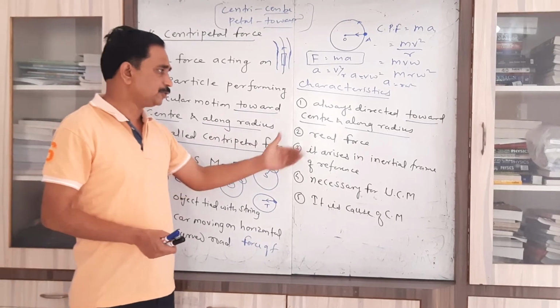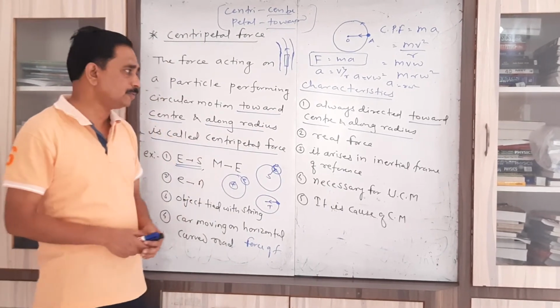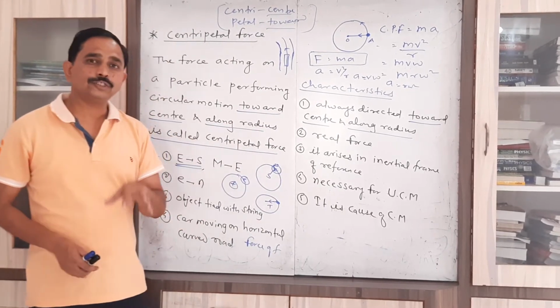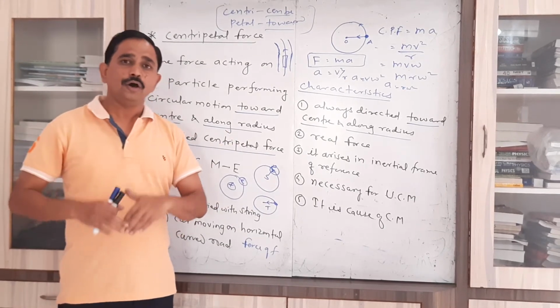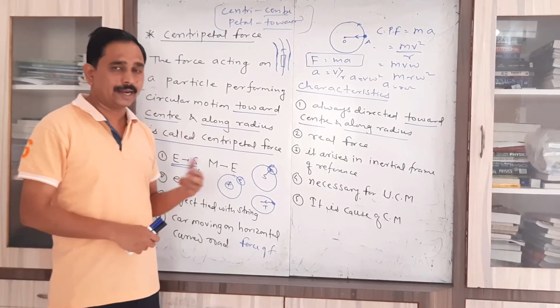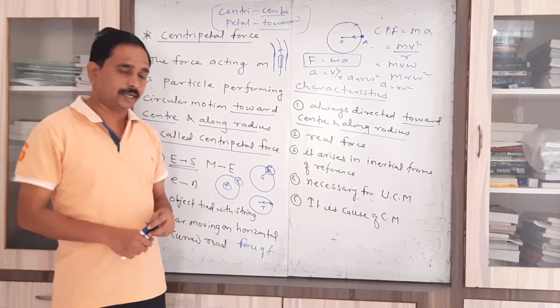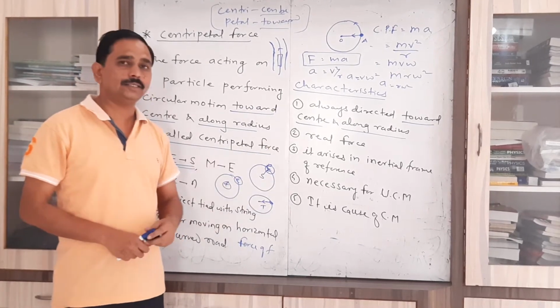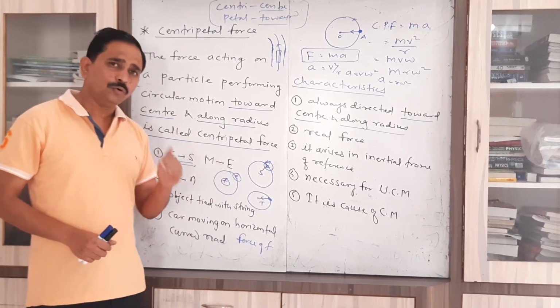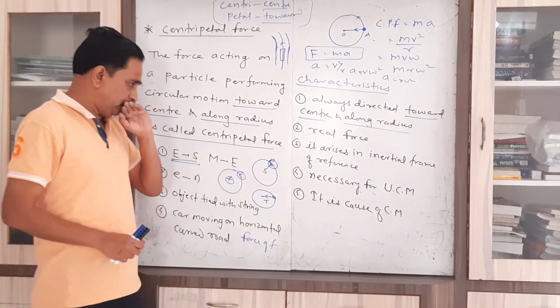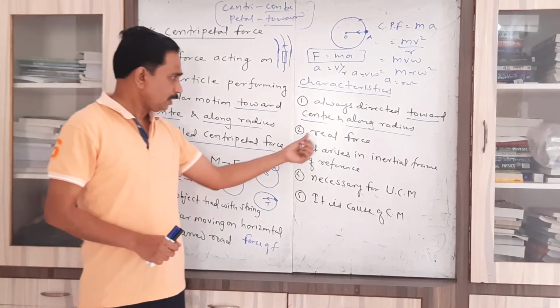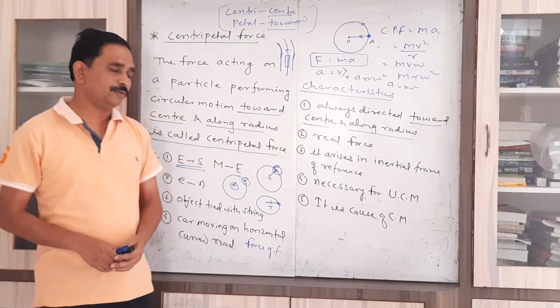Now which force is considered a real force? That is the force which originates from a known interaction, like gravitation or electrostatics. That force is called a real force. It means the force whose origin is known is called a real force.